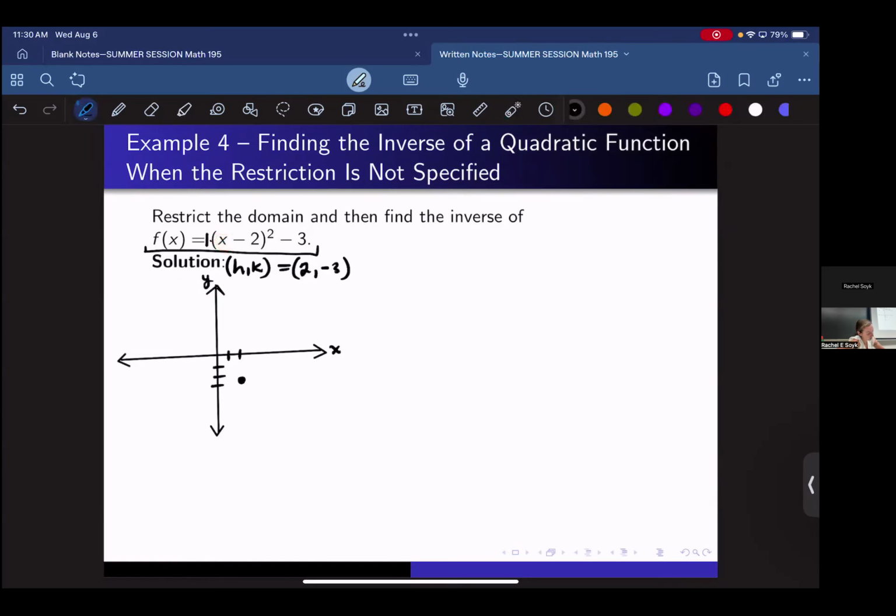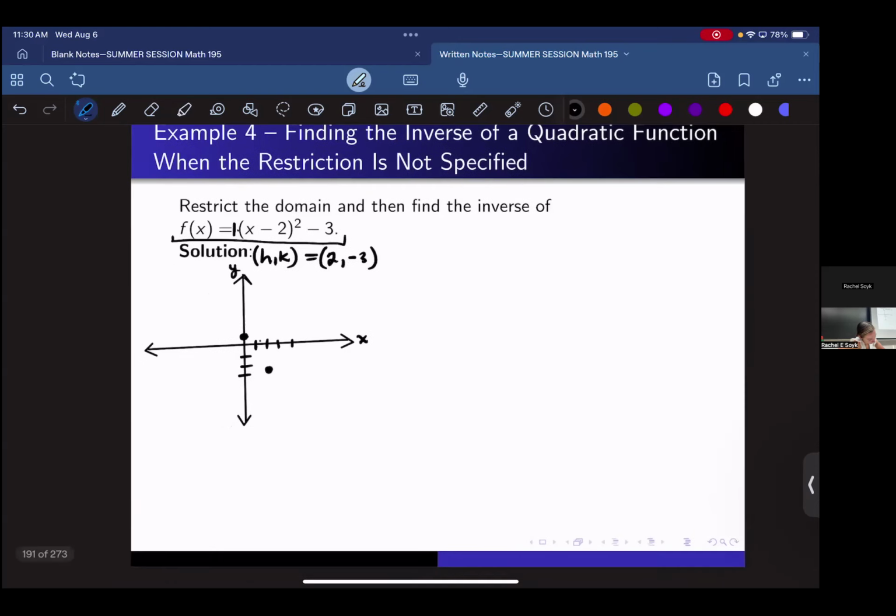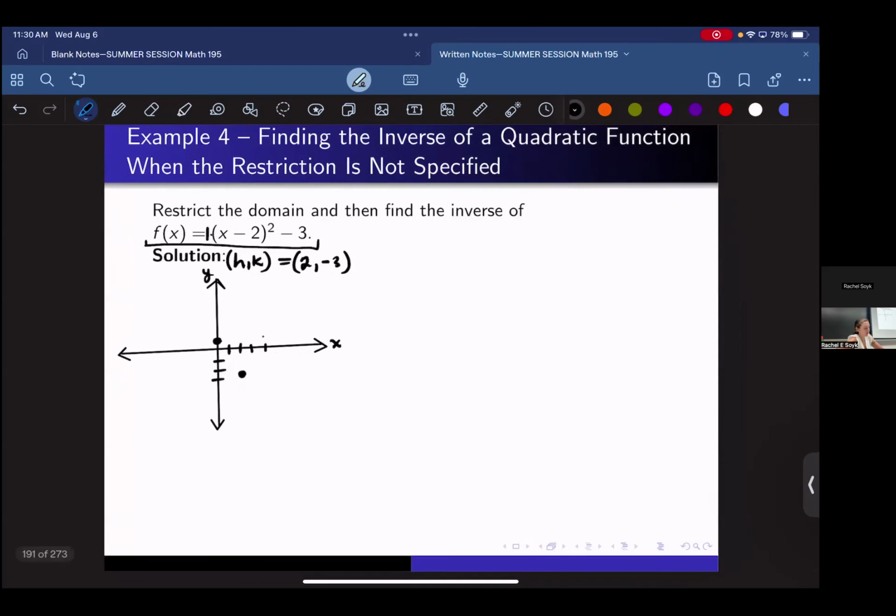So 0, 1. That way we can do the whole axis of symmetry, because your axis of symmetry is always straight through your vertex.